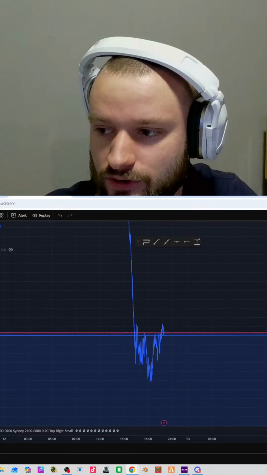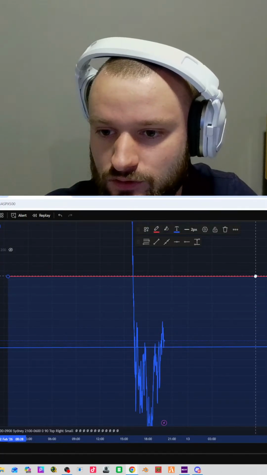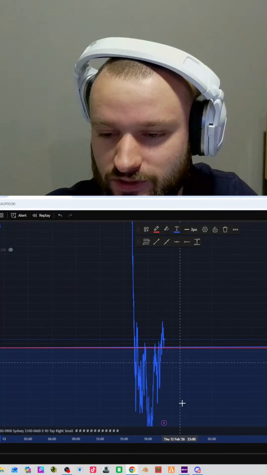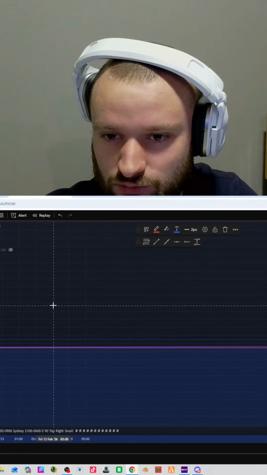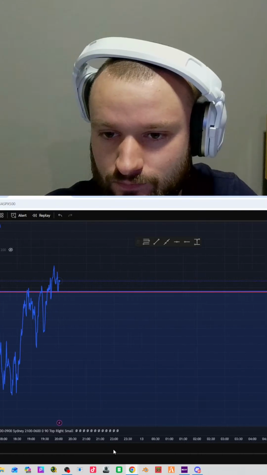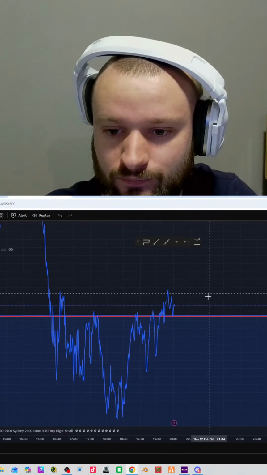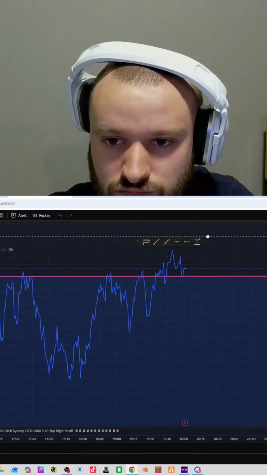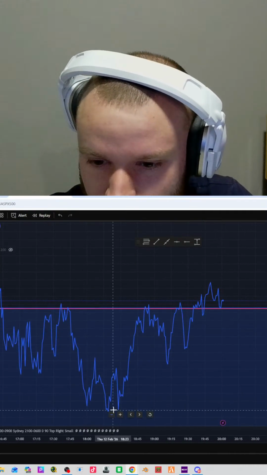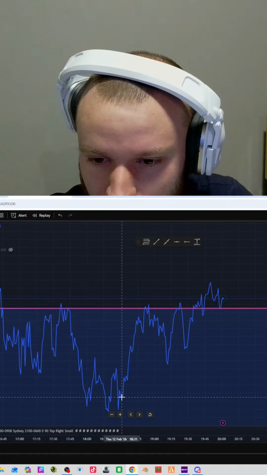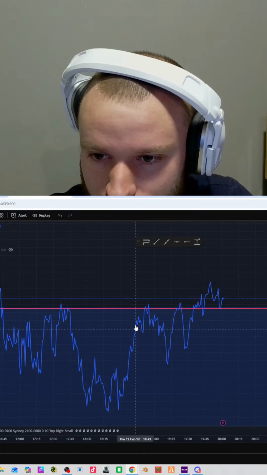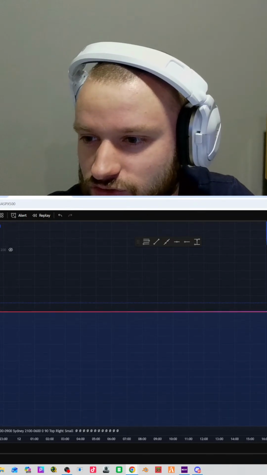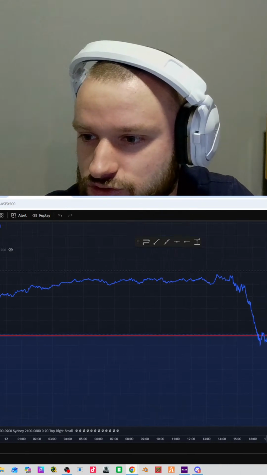What is going on in our minutes? Whoa. This is kind of tweaking about. Higher high, lower low, higher low. It's very weird. I think that's a trend for consolidation. I'm not really sure.